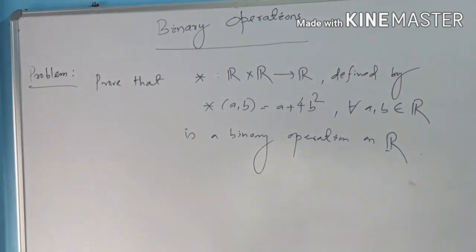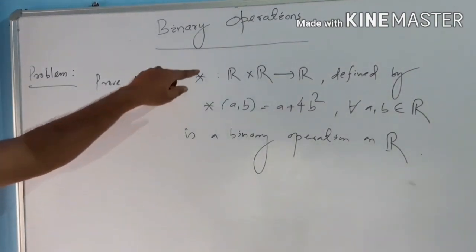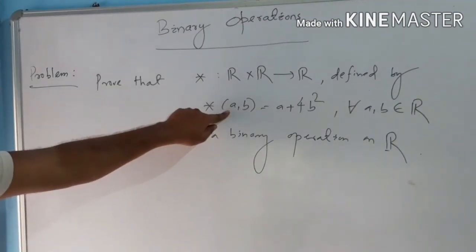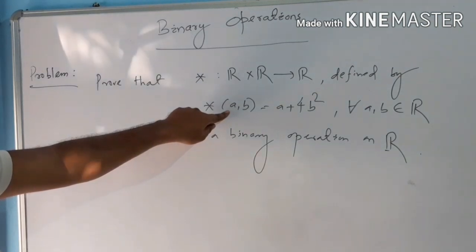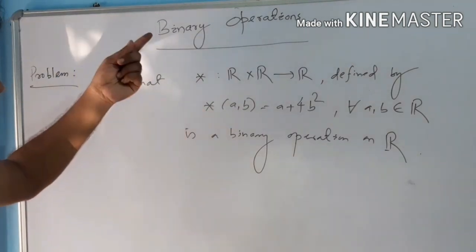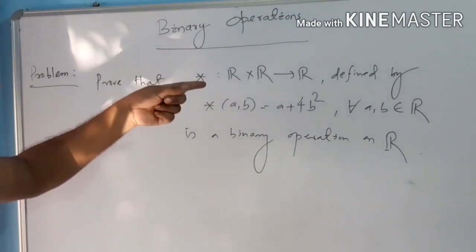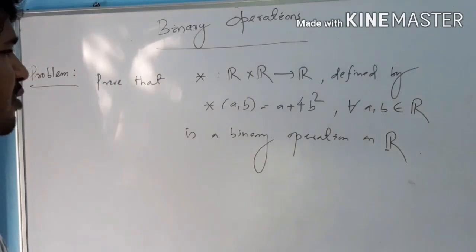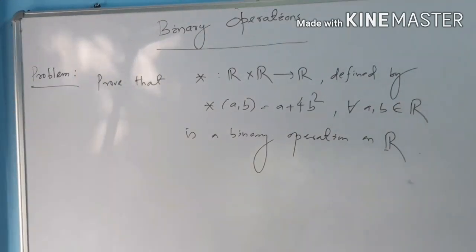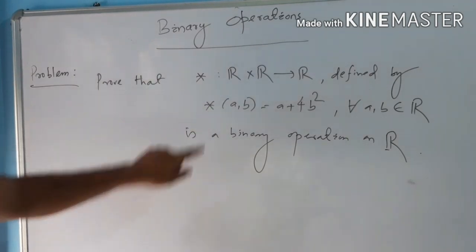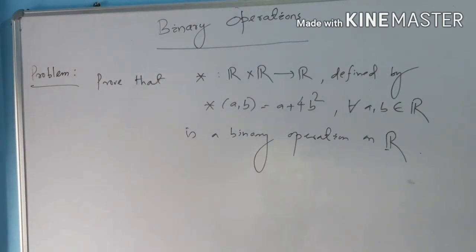I have to only prove this star is a function from R cross R to R. You please see here, for every pair of elements of R cross R, A, B has a unique value in R, that is A plus 4B square, which is unique in R. So therefore this star is a binary operation on R.